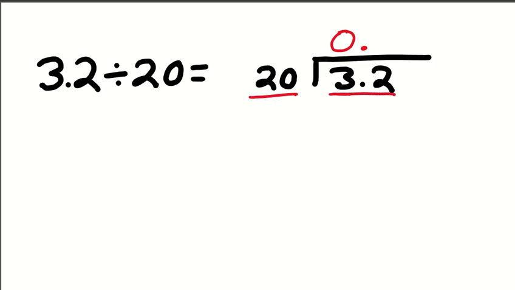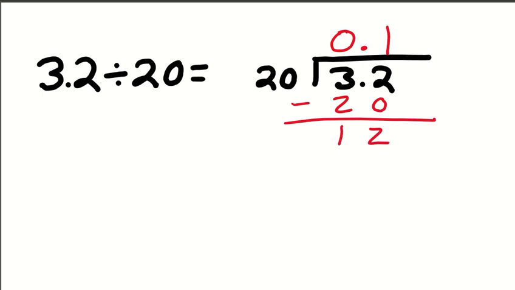How many times will 20 go into 32? Well, I know that it'll go once without going over, so let's go ahead and erase that, clean up our mess. I know that 1 times 20 is 20, and I know that 20 from 32 is 12. Now, I can keep bringing down zeros if I want to, and I have myself a 120.